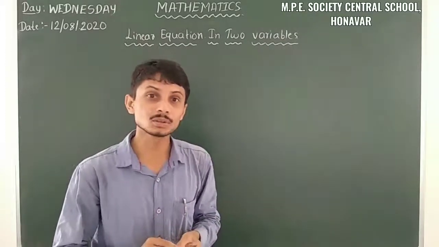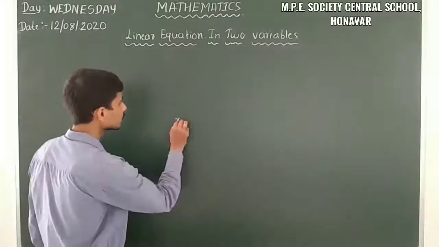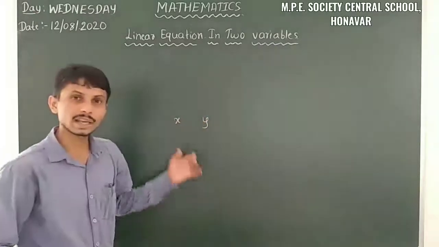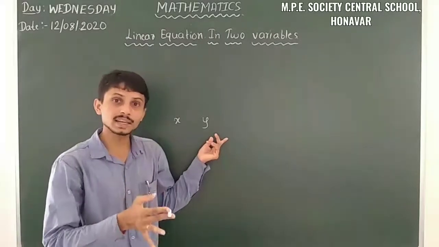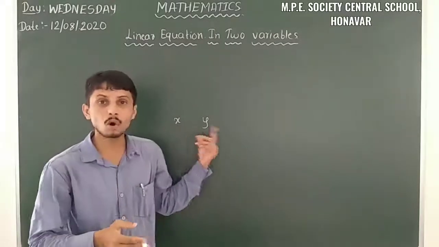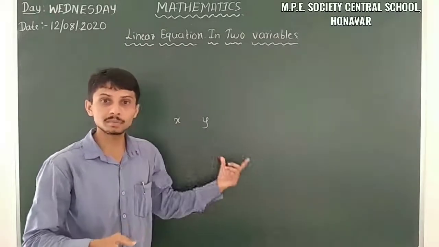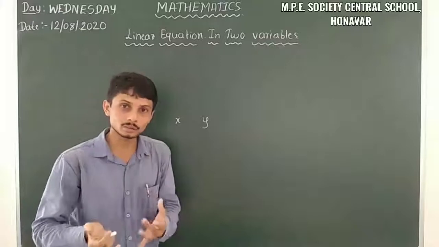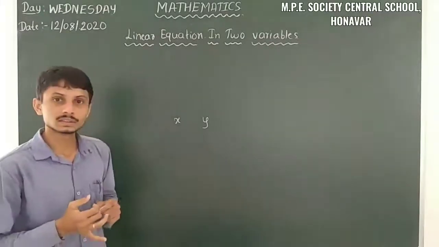Here we are using two variables, for example x and y. Previously in 8th standard we used only one variable, x or y. Here we use both x and y, or both p and q.